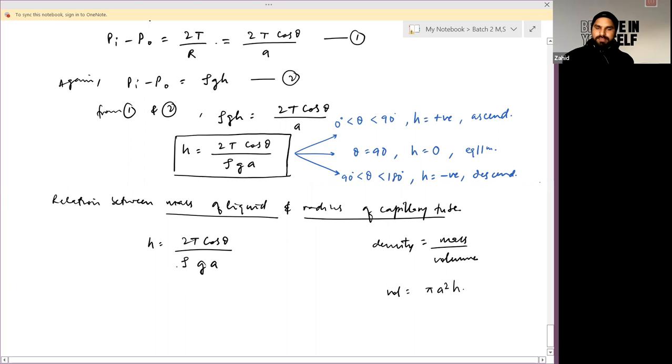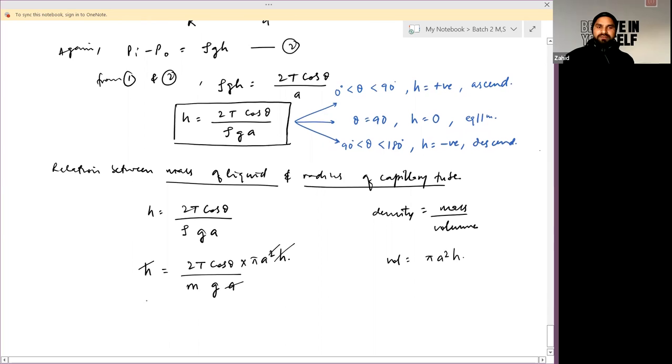So just replace this density by this term. You will get 2T cos theta divided by mass upon volume. So volume will move to the numerator, pi a squared h, times gravity into A, is equal to h. So this A and this A will cancel out, this h and this h will cancel out.